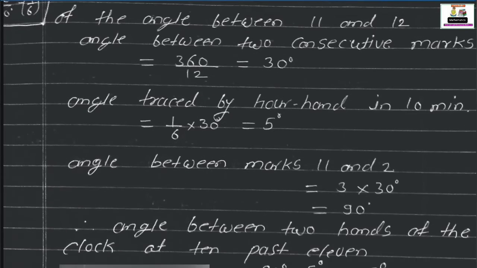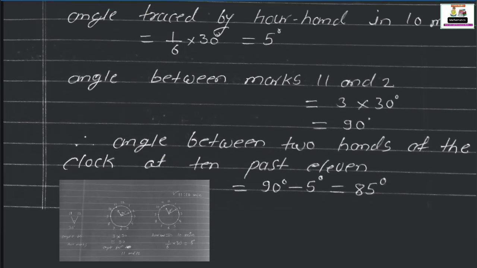Then the angle between 11 and 2 is 3 into 30, which is 90 degrees. Since the angle between two hands of the clock at 10 past 11 is 90 minus 5 degrees, we get 85 degrees.